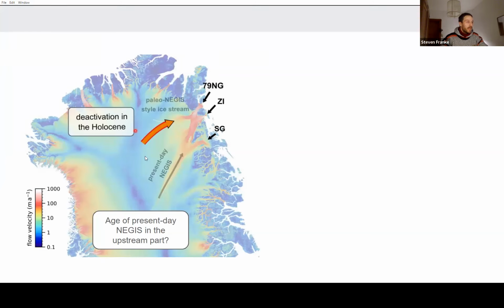And the fact that there was in the past an ice stream that is very similar to Negus but is not there at the moment gives us the chance to learn a lot about the ice sheet dynamics of Greenland. For example, on the topic of temporal variability, because apparently this ice stream type is not unique, and it maybe comes and goes on relatively short timescales.